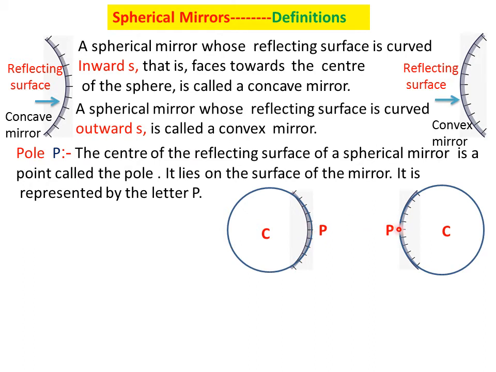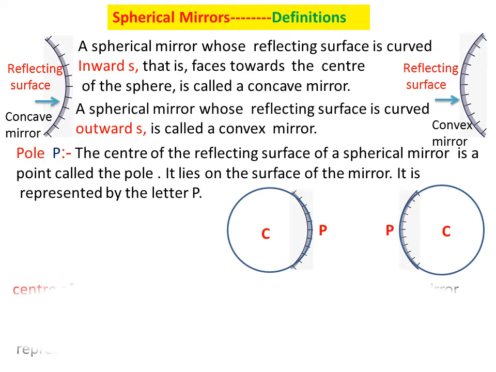It lies on the surface of the mirror and is represented by the letter P. It is the middle point of the mirror. This is the pole of the concave mirror and this one is the pole of the convex mirror. So the definition of pole is the same in both mirrors.